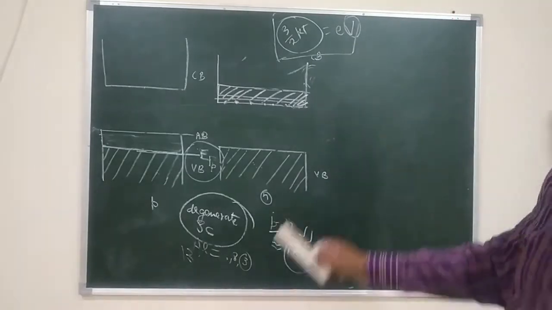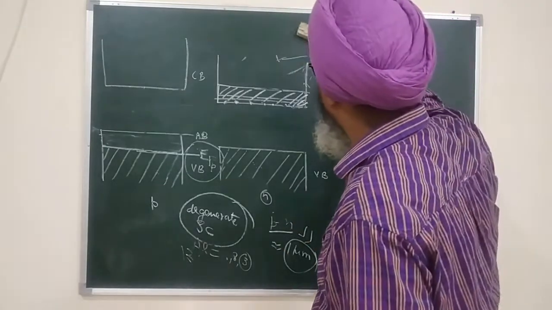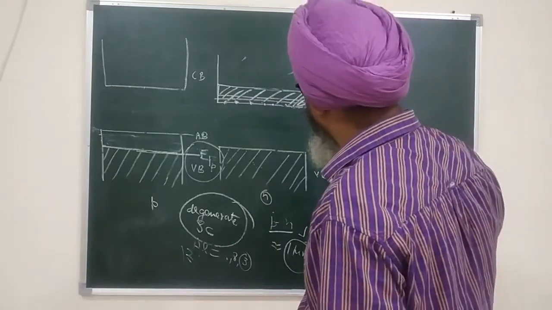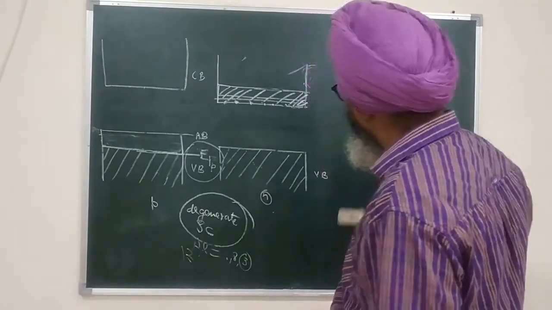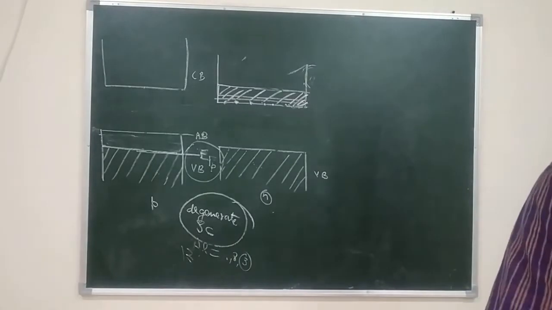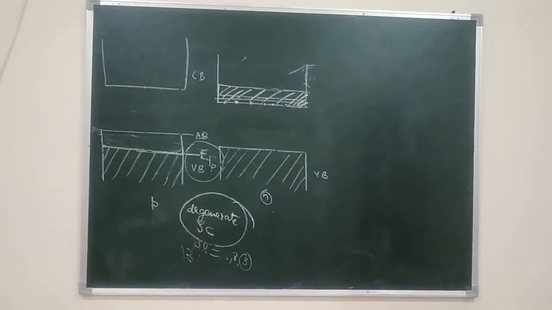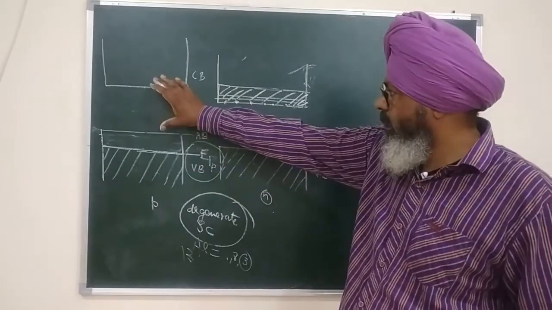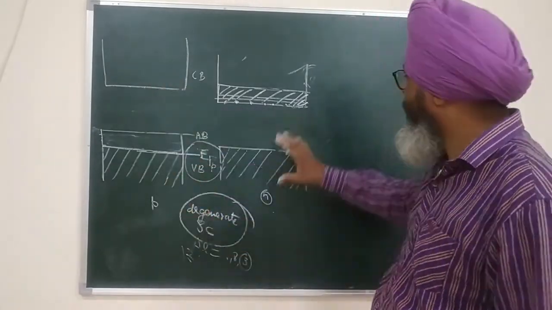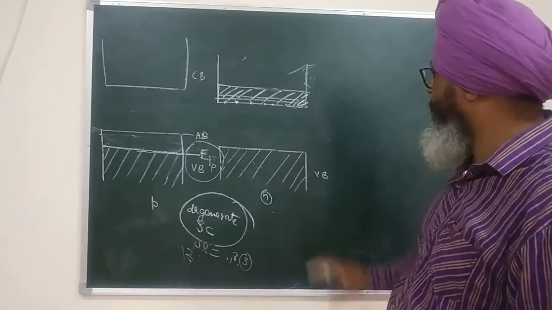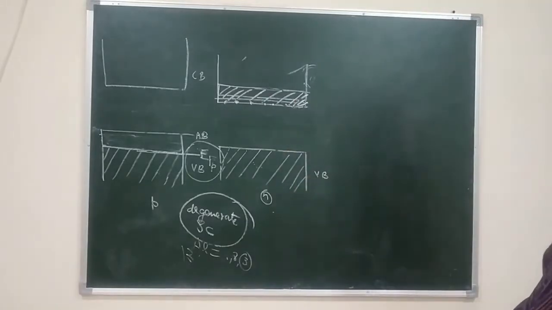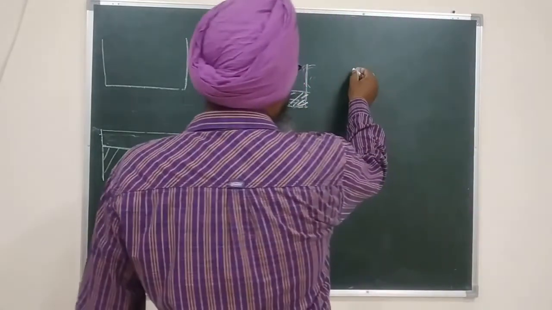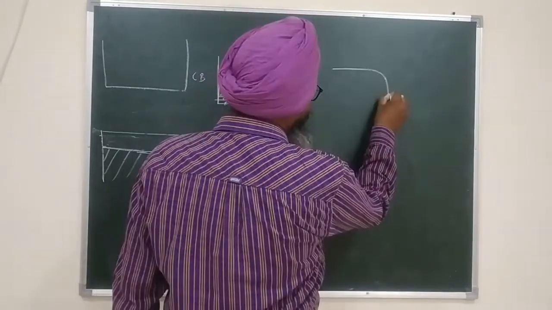Now I am going to draw the diagram of a degenerate p-n junction diode, and that will be obtained when we join p-type material with n-type material. So please remember, this is the diagram of p-type and this is the diagram of n-type. So I am going to draw this diagram now.